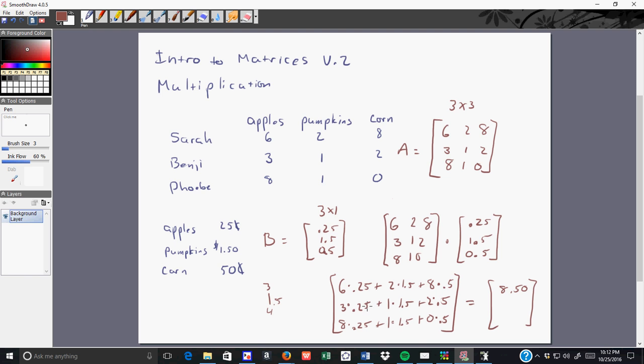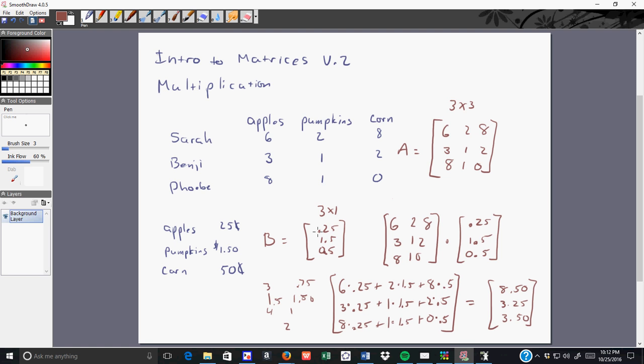Benji spent, let's see, that's 75 cents, that's $1.50, and that's $1, so $3.25. And then lastly, I have 8 times 0.25, that's $2, plus $1.50, that's $3.50.